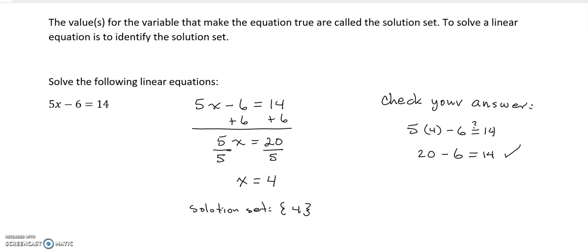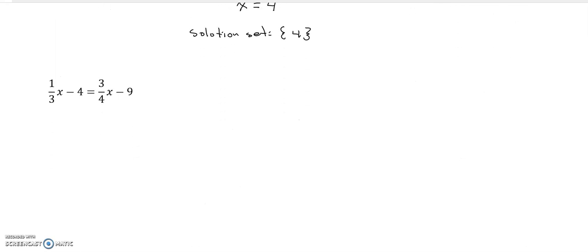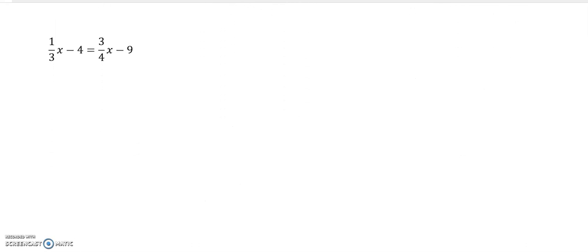Our next example will use the LCD, and it will illustrate how we are going to use that. The LCD for 3 and 4, because those are the denominators, would be 12.